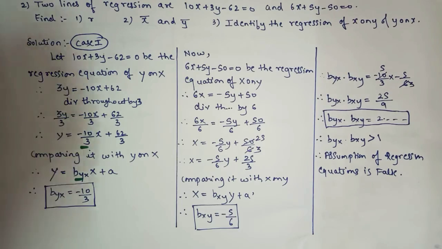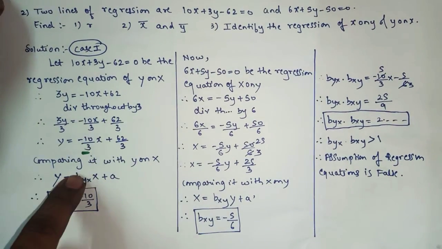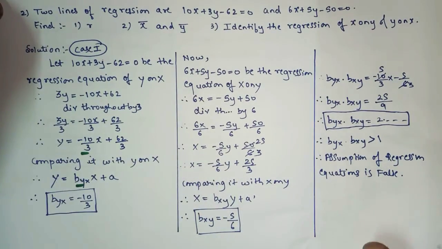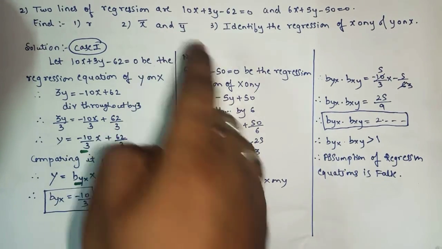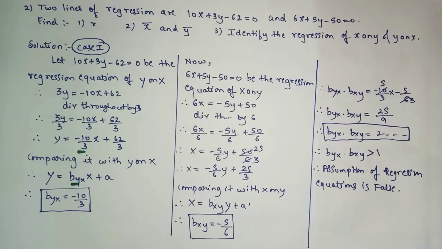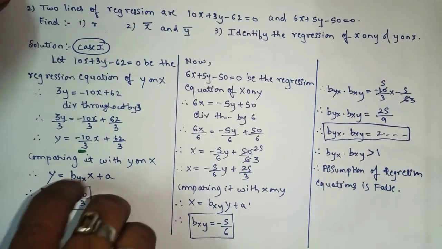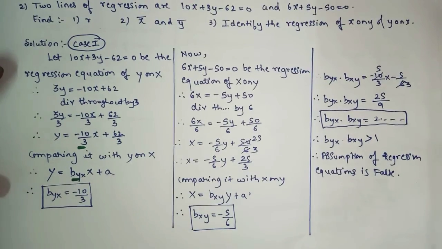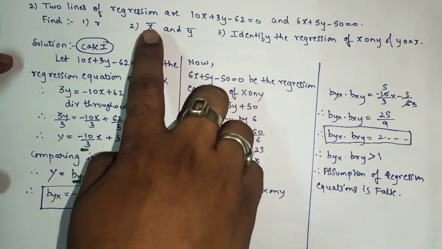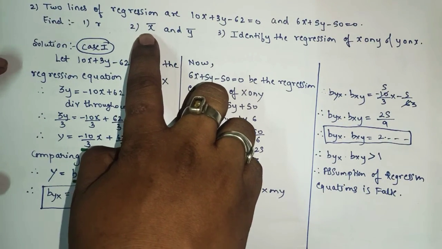I hope you all understood the first sum, even the second sum, in which we saw case 1 and case 2. Now we'll see how to find x mean and y mean. So for this sum we'll see how to find x mean and y mean. I hope you all know how to find the mean value of x and y.